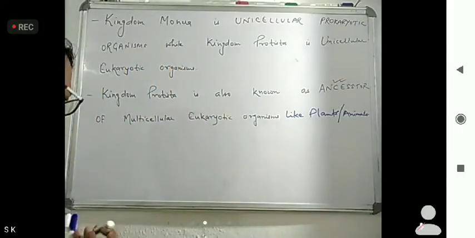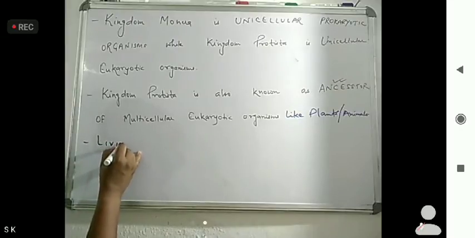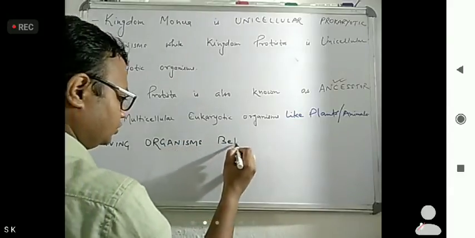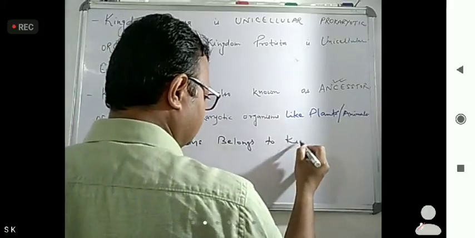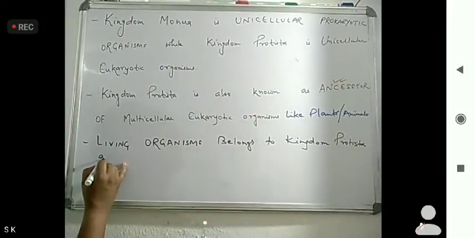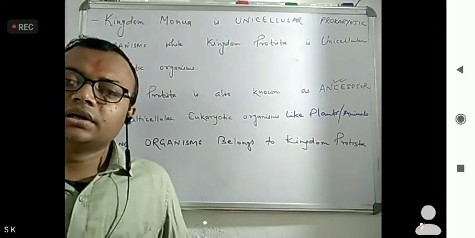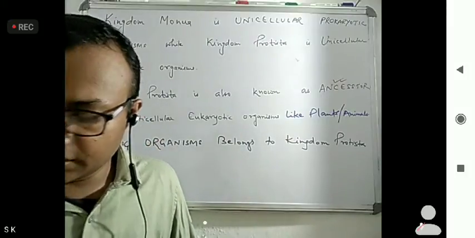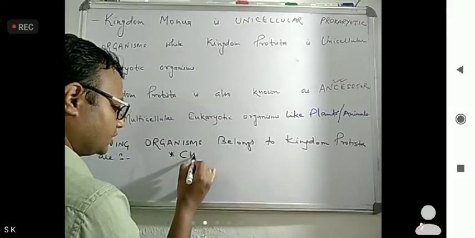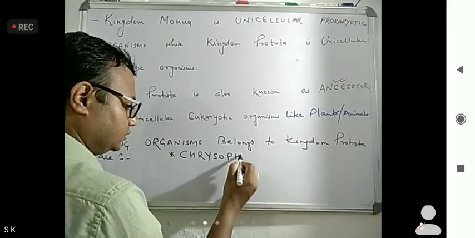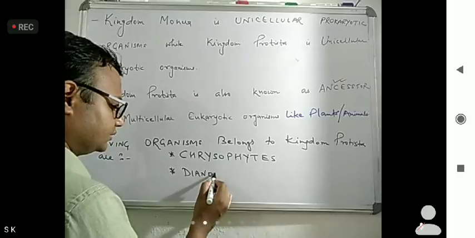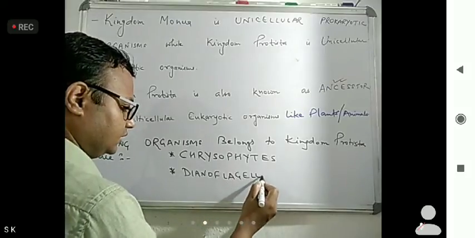So the living organisms belonging to Kingdom Protista are: one is chrysophytes, one is dinoflagellates, one by one we will see.